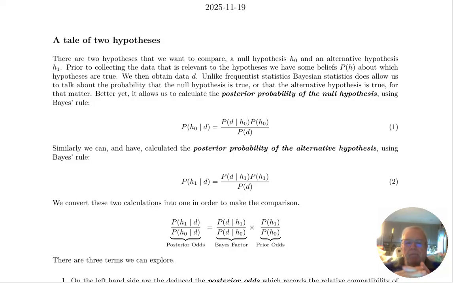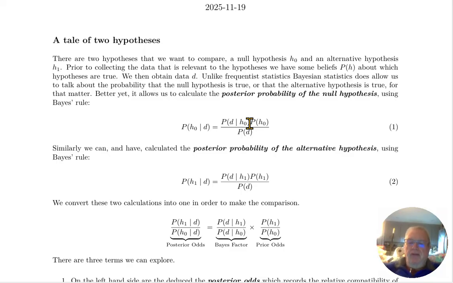So the idea behind Bayes is flipping the script. If P is a probability, or PR is a probability of data given a hypothesis, that's what this expression means. That's a conditional probability.